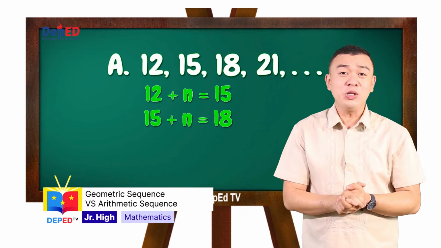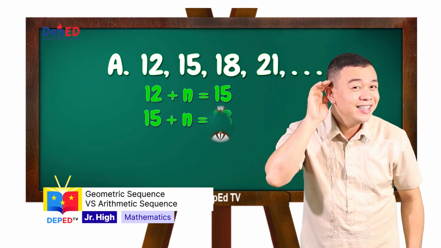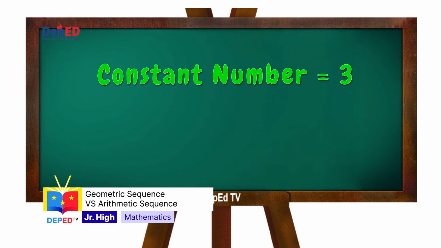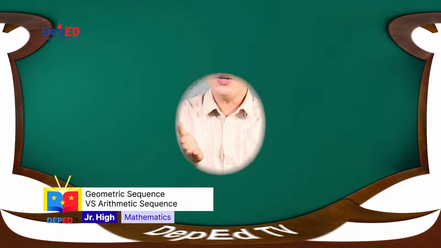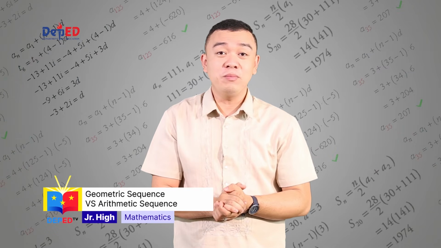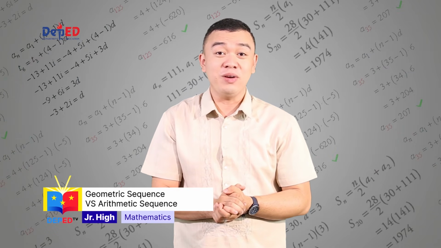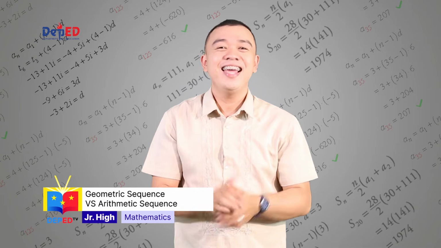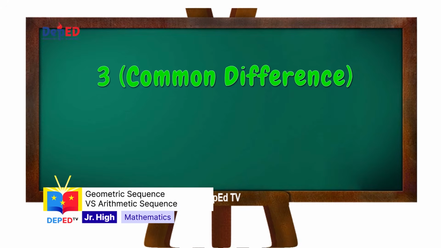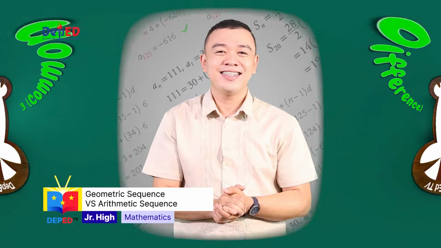What is the constant number? Correct, 3. What do you call the constant number 3 in the sequence? Yes, it is called the common difference.